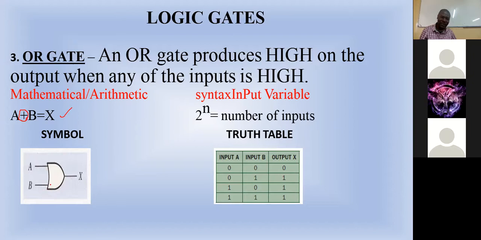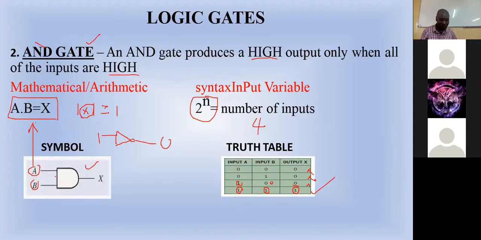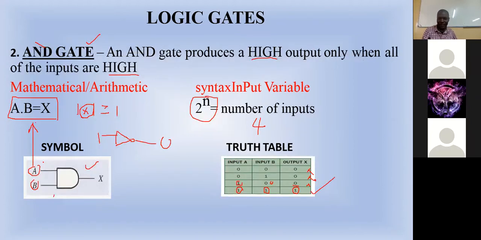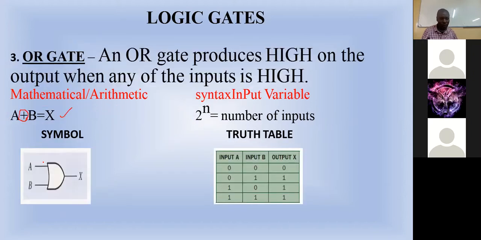That is the difference between the symbols. So there we've got the AND gate, and here we've got what we call the OR gate.